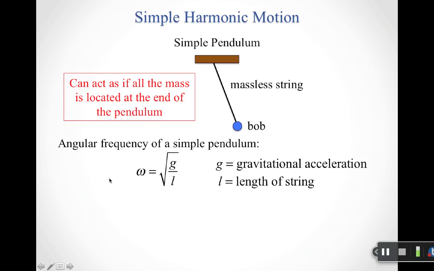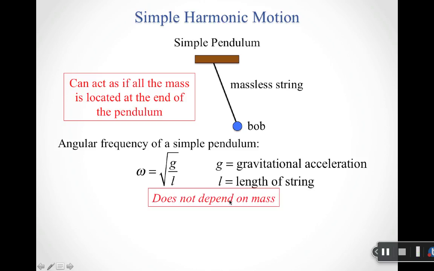If that's the case, then again I can solve for the angular frequency using my rotational version of Newton's second law. I get negative g over L times theta for a small angle approximation, and again I take the square root, so the angular frequency is equal to the square root of g over L. G is just our normal gravitational acceleration, positive 9.8 meters per second squared, and L here is the length of the string.